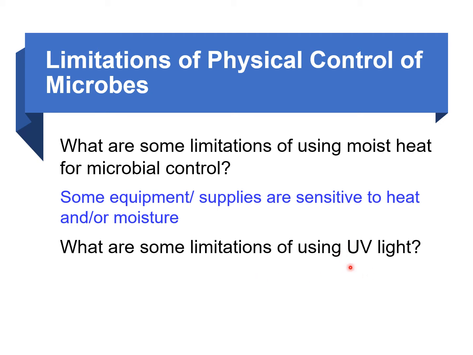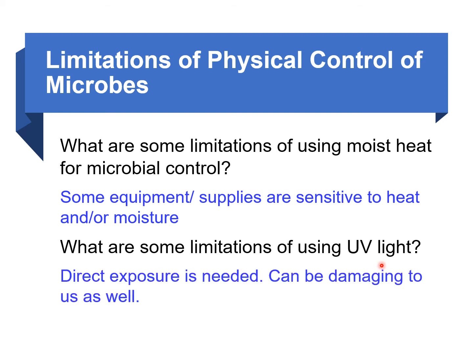And when we also think of UV light, you would think, okay, I can use UV light to kill the bacteria. Again, there are some limitations of using the UV light. One thing is you need direct exposure because UV light doesn't pass that well through certain material, for example, plastic.